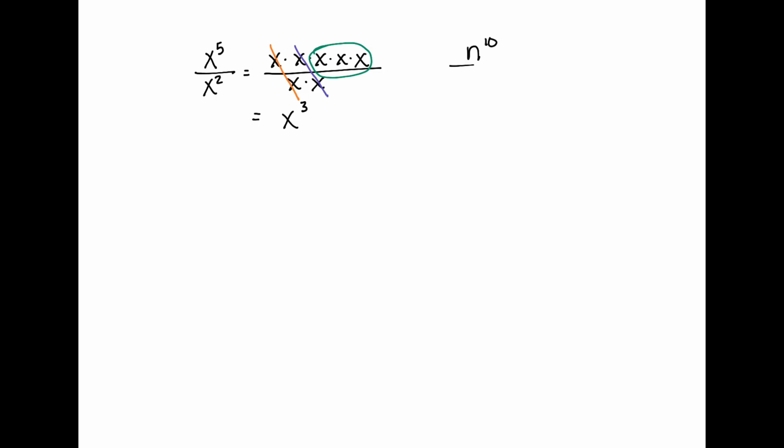N to the 10th over n to the 4th. Okay? So the 4 on the bottom cancel with 4 on the top. So that means 10 minus 4 is 6. Okay, if the problem gets more complicated, I will literally write it. These 4 cancel these 4, and they leave me with 6. And then I keep going with the rest of the problem. Okay?